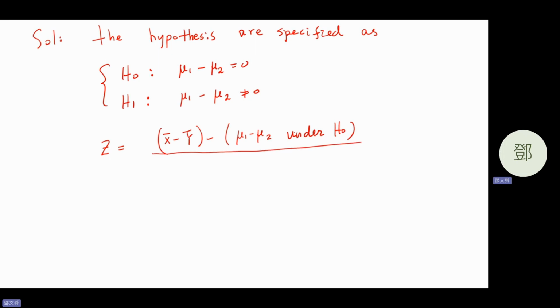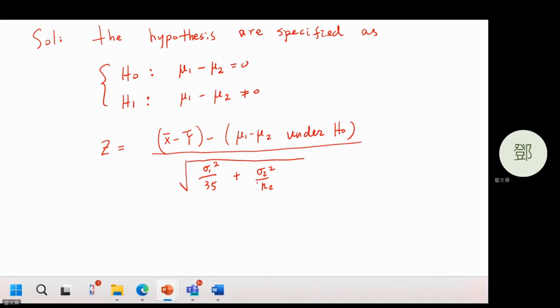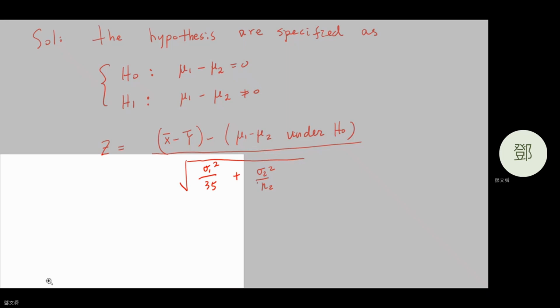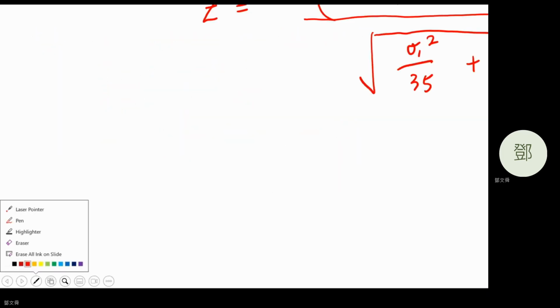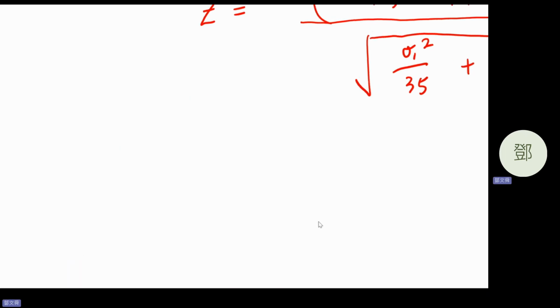And divided by the square root of sigma 1 squared over n1 plus sigma 2 squared over n2. Hey, the sample sizes don't have to be the same. All right. They don't have to be the same.